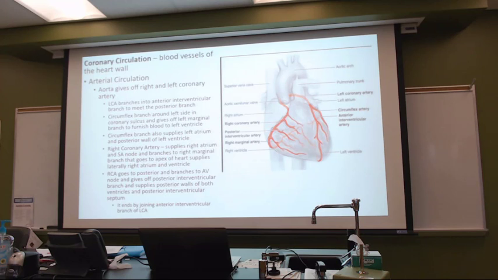Because some people, this can happen very early in life. 20s and have to have a bypass. Yeah, even earlier sometimes. You now know what they mean when they tell you they had a bypass.